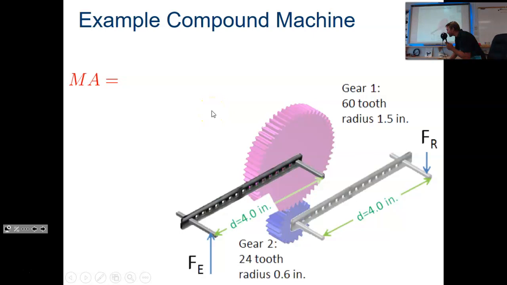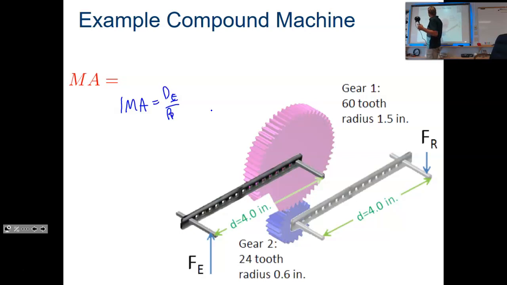It looks like we're going to do the ideal mechanical advantage because we're only given distances. We're not given forces just yet. So remember, I'm a deer. The distance of my effort is 4 inches.